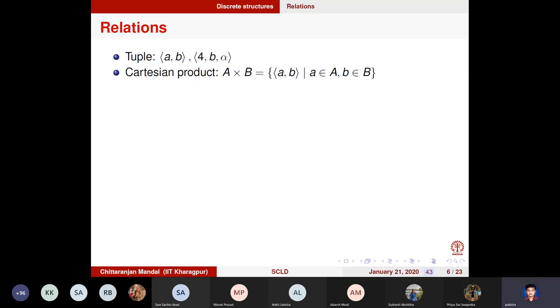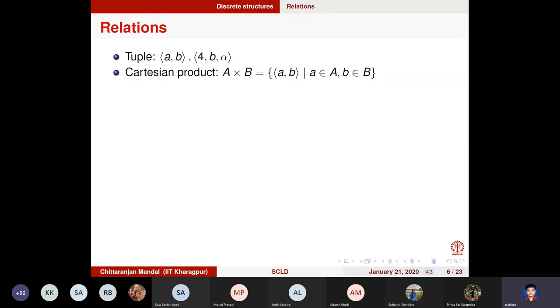All such tuples means all possible tuples you can ever construct using elements from A and B. So you pick any element a from A, pick any element b from B. Their ordered pair (a, b) is a valid tuple and is an element of the Cartesian product A cross B. If you allow all possible such tuples, the set you get is the entire Cartesian product.